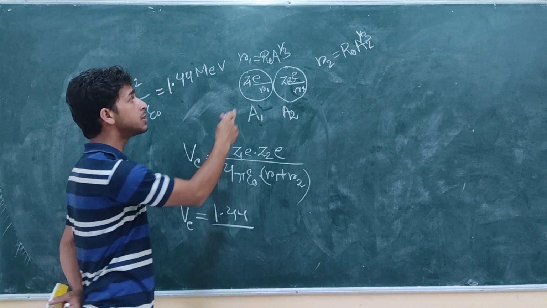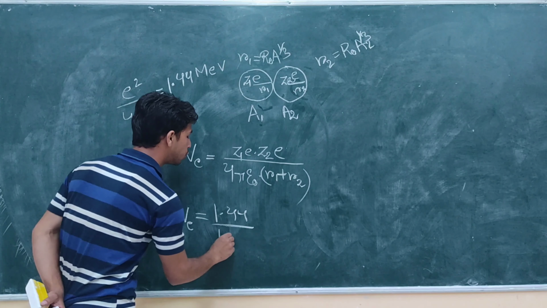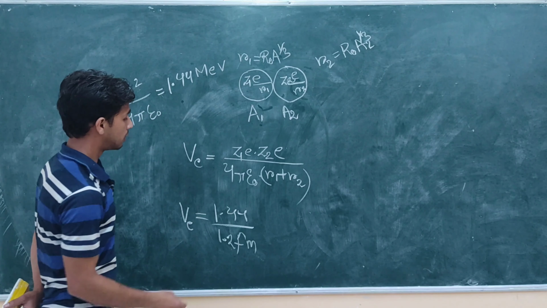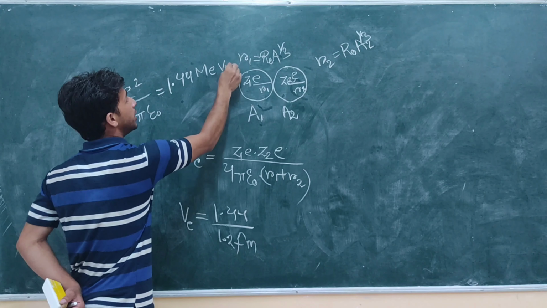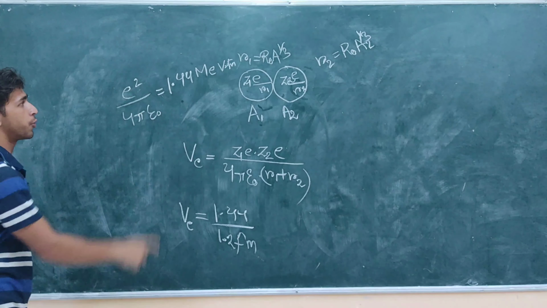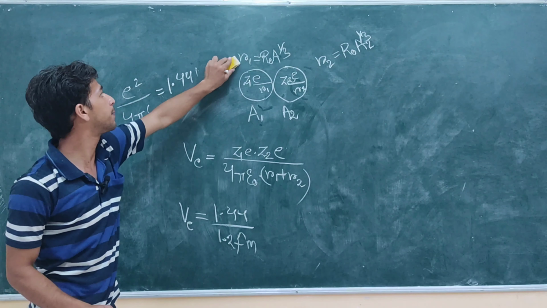If you take small r0 common and put the value 1.2 fermi, the value of e squared divided by 4 pi epsilon naught is 1.44 MeV times fermi.